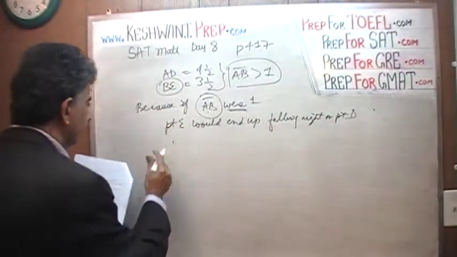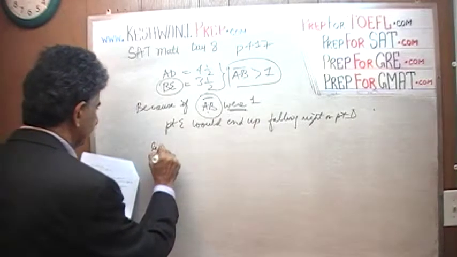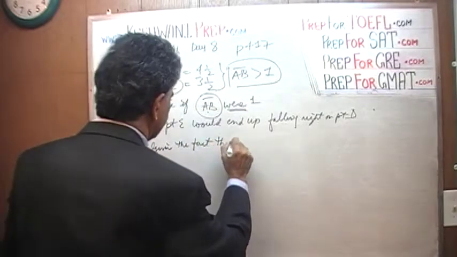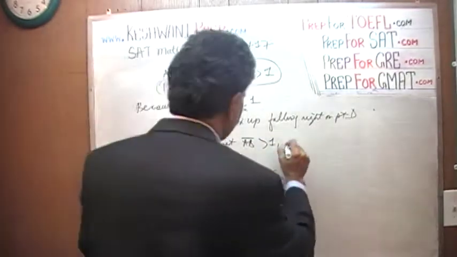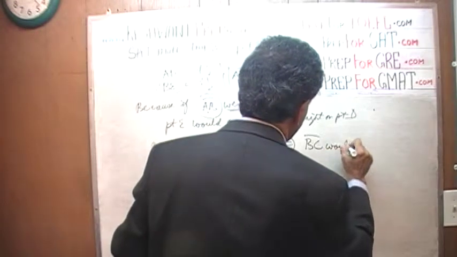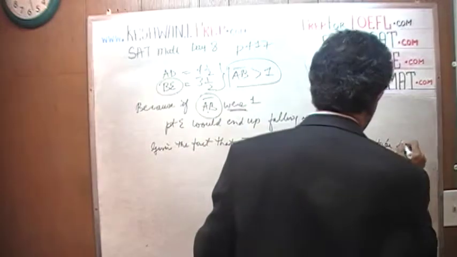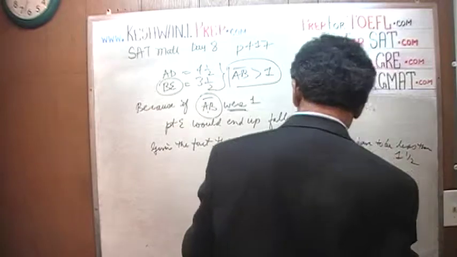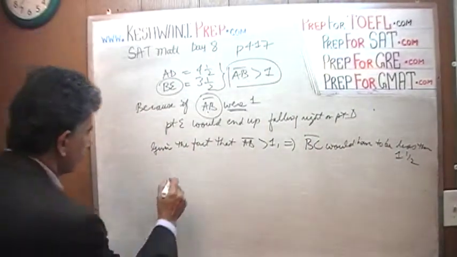Given the fact that A to B is more than 1, that implies that B to C would have to be less than 1.5. This is how the picture would look.